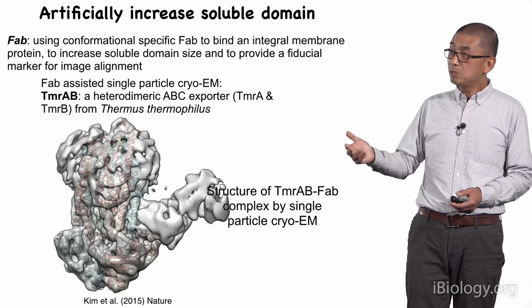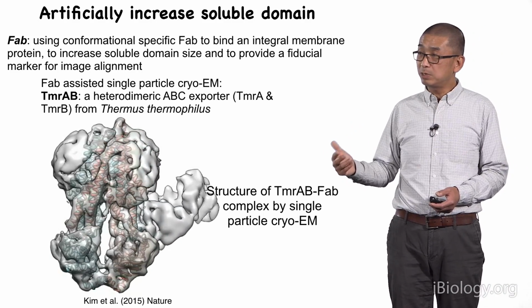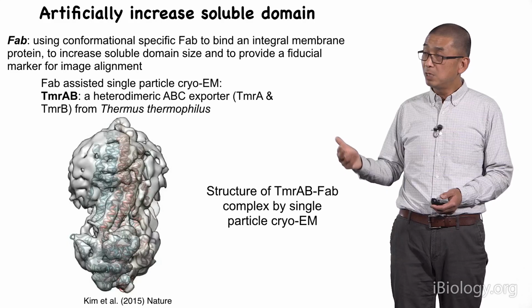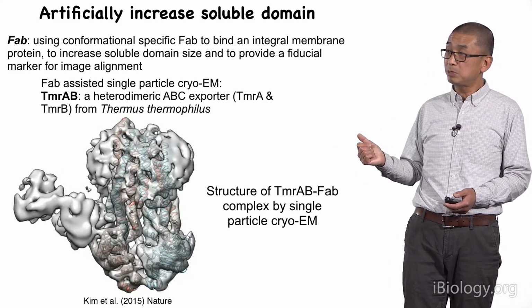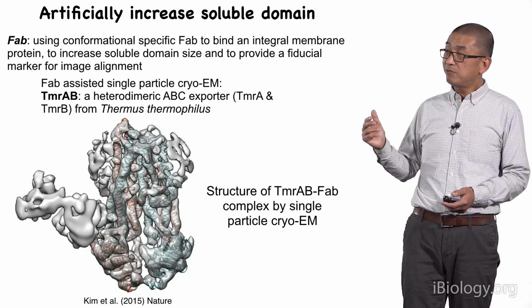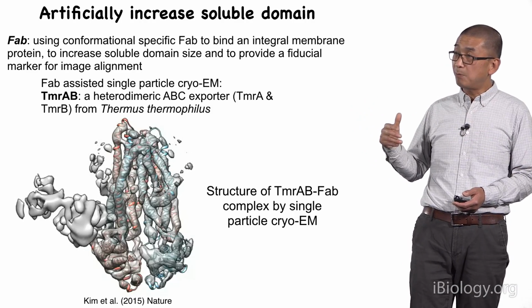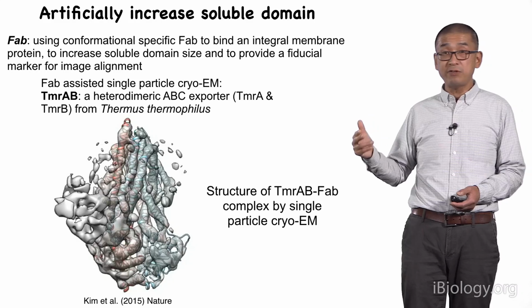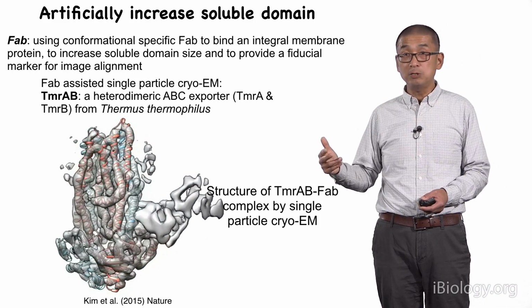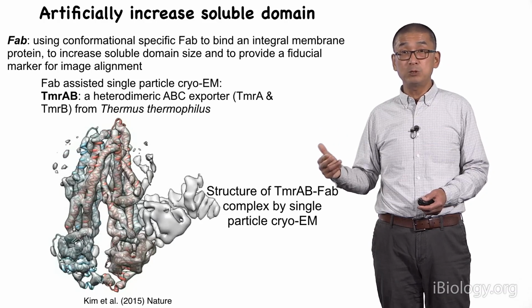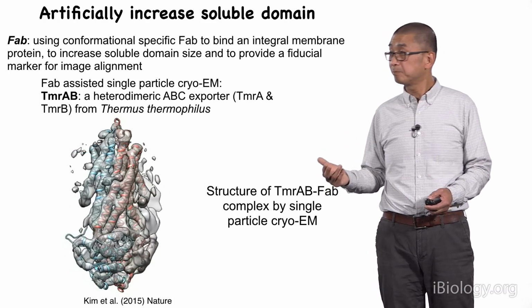I have to say that this work was done at an earlier time when the K2 camera had just become available. This is one of the reasons that the resolution was still sub-nanometer, but not higher. Nevertheless, this demonstrated an approach using monoclonal Fab to study integral membrane proteins, and particularly membrane proteins without a big soluble domain.